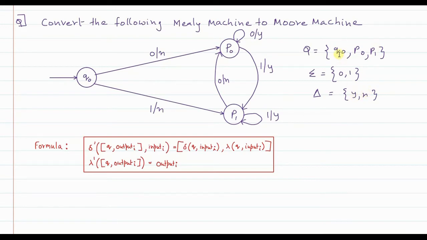So the first state will be Q0 Y, second Q0 N, third P0 Y, P0 N, and then P1 Y, P1 N. Remember, the states of the Moore machine will be the combination of the ith state of the Mealy machine and the ith output of the Mealy machine.